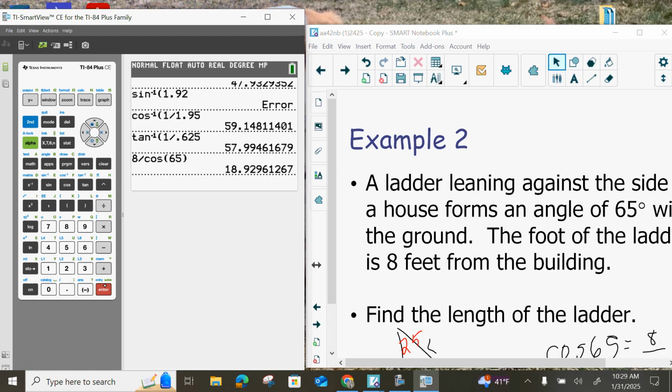What's the first name of the identities that you should know? And how many do we have? 6. Not inverse identities, reciprocal identities. So 4 plus 6, 10 items, right? And then 2 quotient identities. So that gets us up to 12.